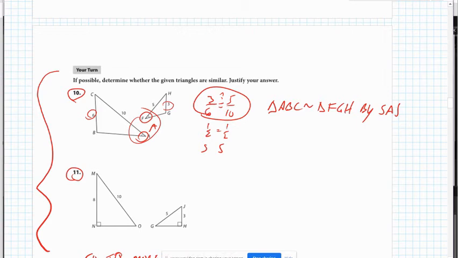Actually, that angle is not in between those, so this is actually SSA, and so that is not going to guarantee the triangles are similar, and so we'll say not necessarily similar. We do have 2 pairs of matching sides and an angle, but it's not the angle in between them. They might be similar, but we don't have enough information to tell.